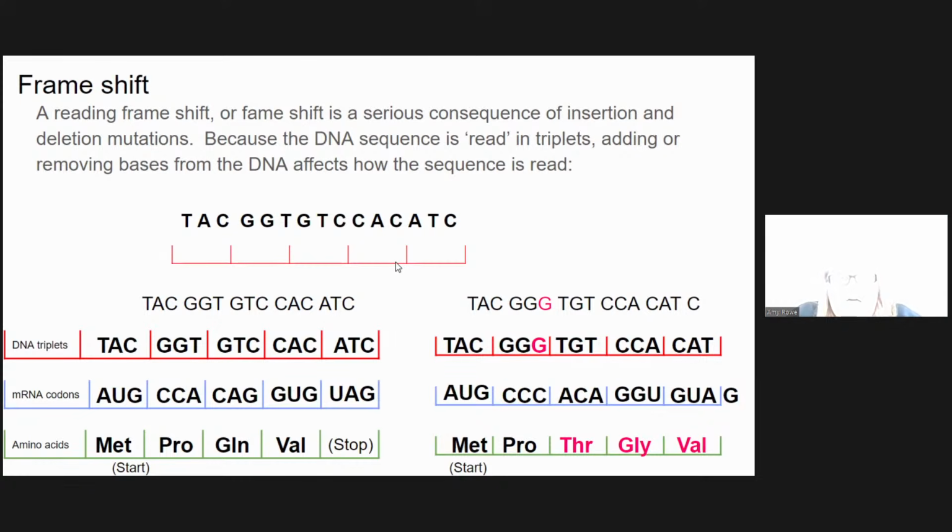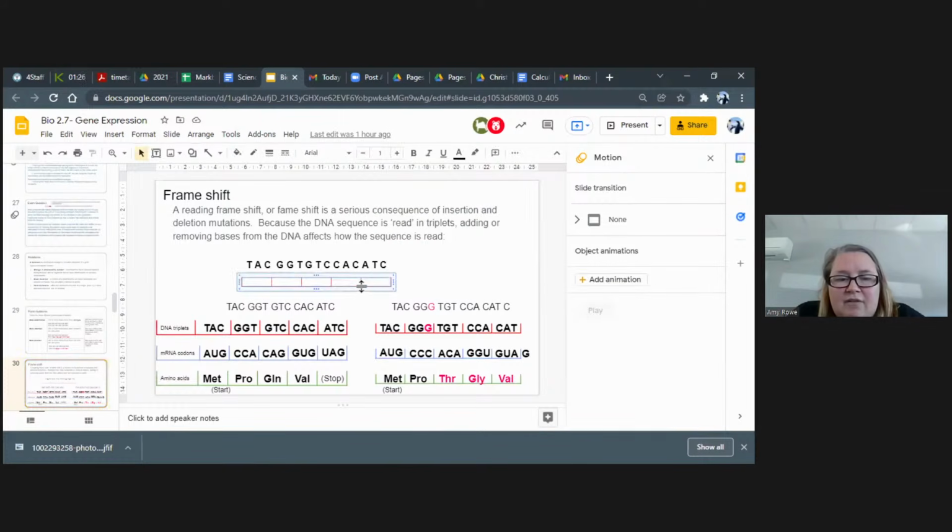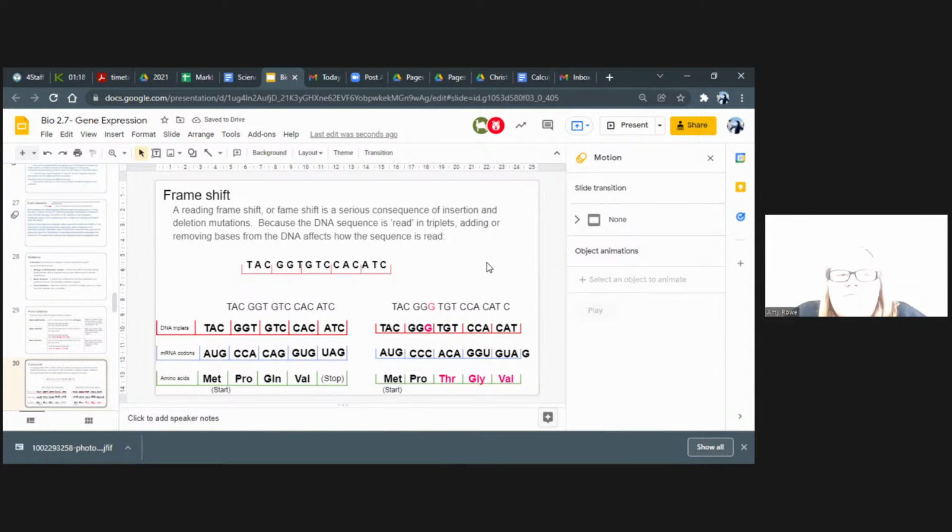So if I shuffle it up, we'll divide our DNA sequence up into our groups of three. So these are our triplets. Our DNA sequence is divided up into triplets, and they fit nicely within our reading frame here.